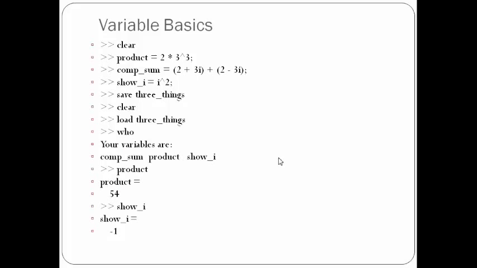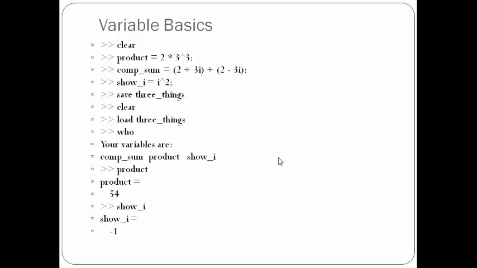So that's how we declare a variable. Clear will clear all the earlier contents, and then we start with the product equation. Whenever we write a statement in MATLAB, it always terminates with a semicolon. So now this is a typical program which tells us small things to be done.